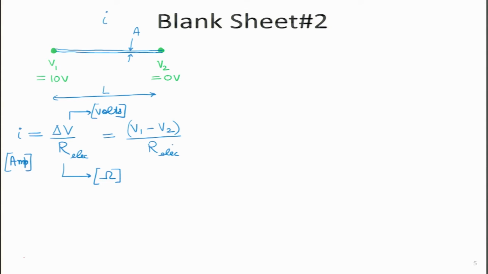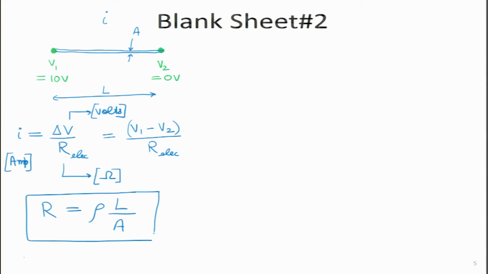Now, what does this resistance value R depend on? If you remember from high school, there is something called the resistivity, which in turn depends on the length and the area of that particular wire. R is of course the resistance, and this is the electrical resistance that we are talking about, so I will write electrical over here.